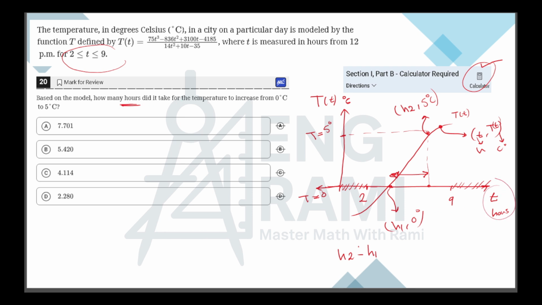Hours are on the x-axis. So the temperature started from here and ended in here. The y-axis is about the temperature and the x-axis is about time. For this reason, we're going to subtract the x-values of those 2 points. Now we're going to go to the Desmos graphing calculator.